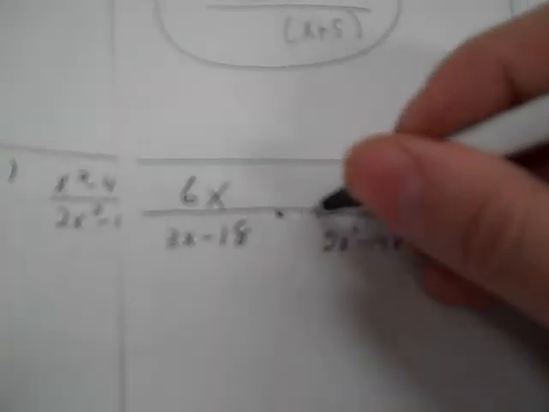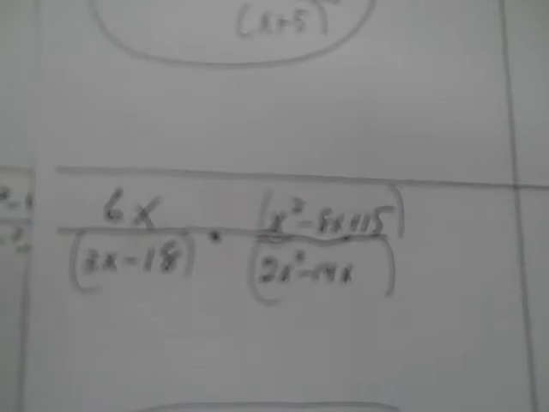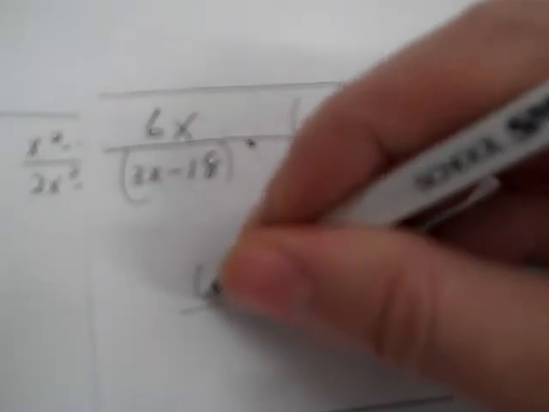Okay, the next problem. Parenthesize where you have plus and minus. Okay, so the 6x I'm just going to drop down. And then 1x to the second minus 8x plus 15. We got to go GCF. And then my t-chart.